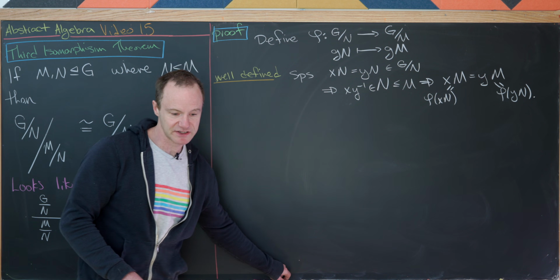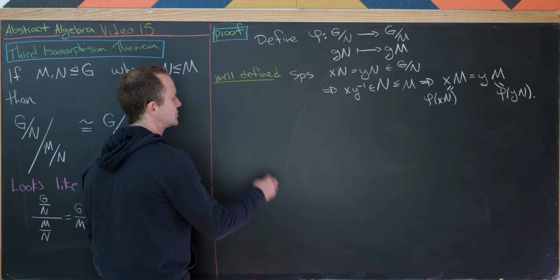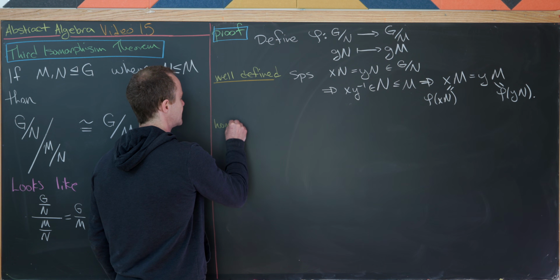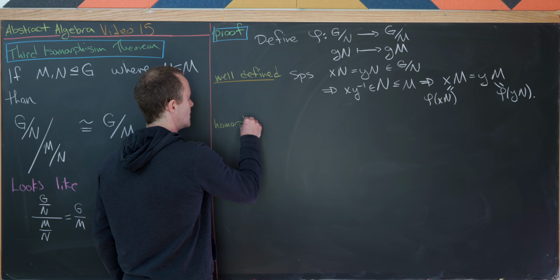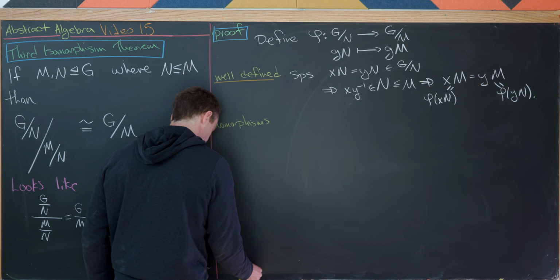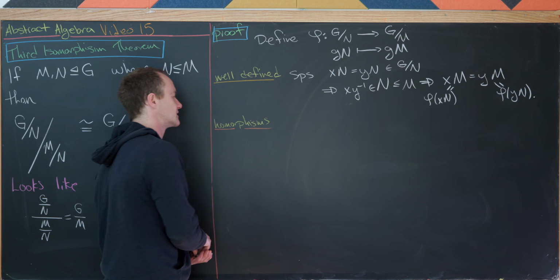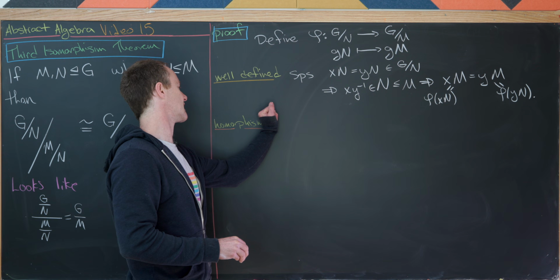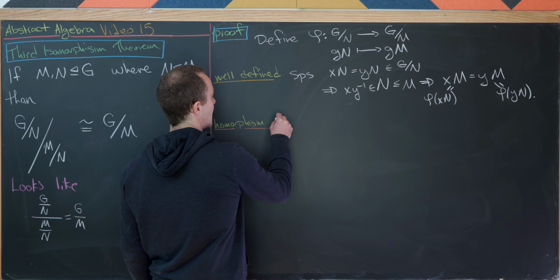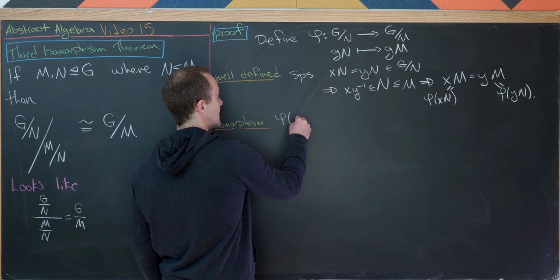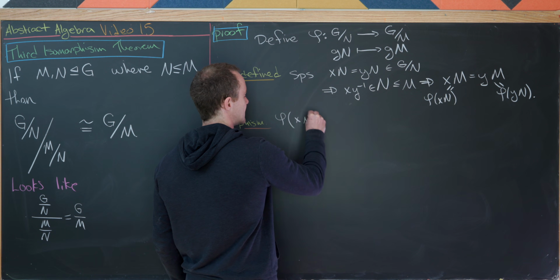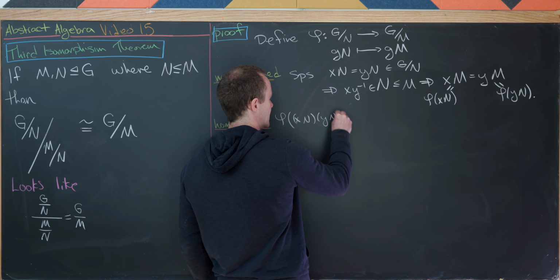Okay, now let's check that it's a homomorphism, but checking that it's a homomorphism is pretty straightforward, mostly because all of these results are built out of fairly simple maps. Okay, so let's check, like I said, that it is a homomorphism. And we'll do that by looking at phi of, let's see, xn times yn.